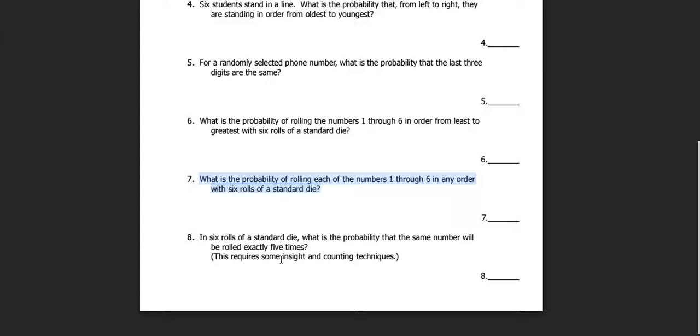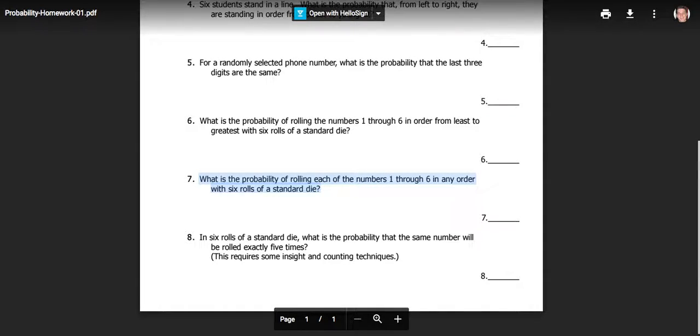I did it. I think what you can do is, you would have a 1/6 chance of rolling one number, but then you would have the same chance to roll the number again.